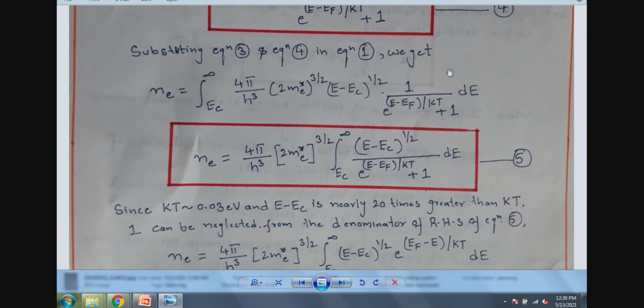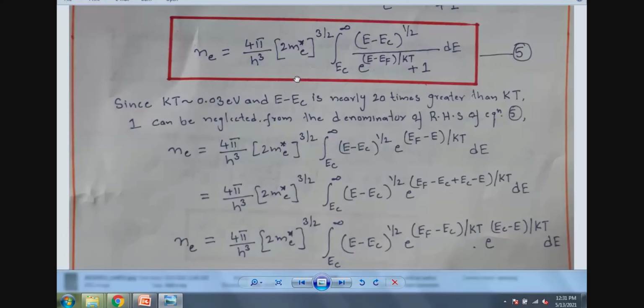Finally, Ne is equal to the integral constants brought forward, and then you integrate (E minus EC) to the power of 1 by 2 by e to the power of (E minus EF) by KT plus 1, into dE. This is equation 5.